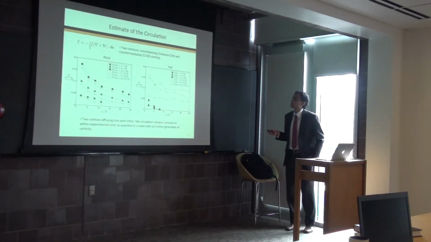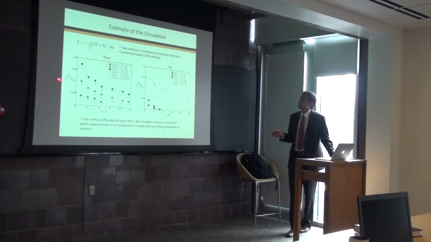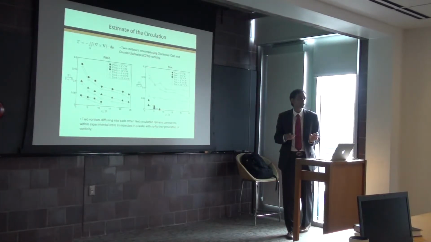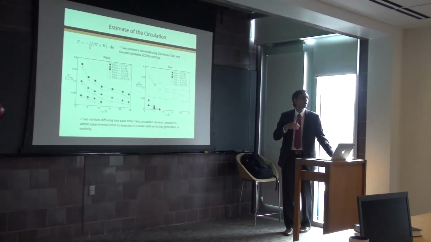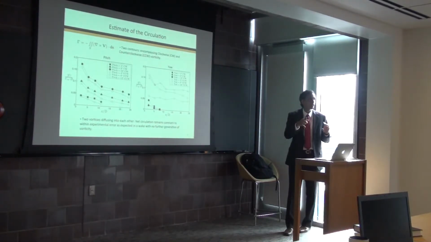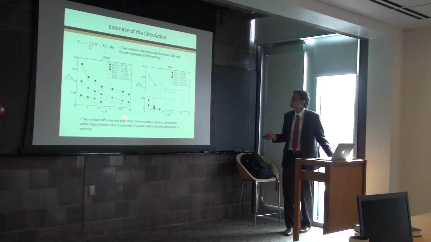So if we try to estimate now the circulation, these graphs show the absolute value of the non-dimensional circulation. CW and CCW refer to clockwise and counterclockwise vortices. The clockwise vortices are consistently stronger, 10 to 15% stronger. That's responsible for that asymmetry, for that precession that we saw in pitch.